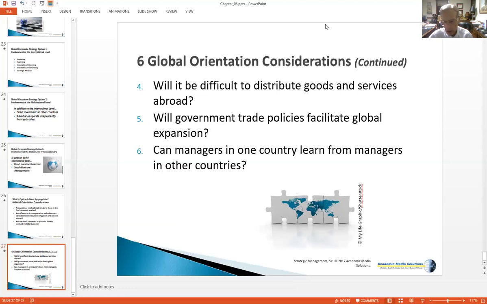And by the way, one of the things that the better managed multinational corporations do is to develop training methods to enable managers in one country to learn from managers in other countries through all sorts of devices, not just training, but also temporary assignments, rotation of managers between divisions and so forth. Very, very important. So there you go.